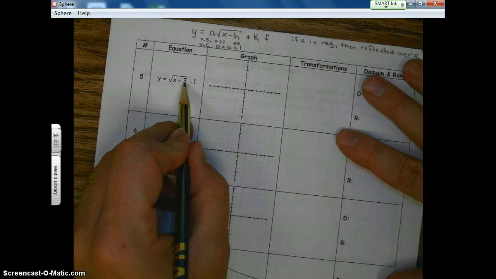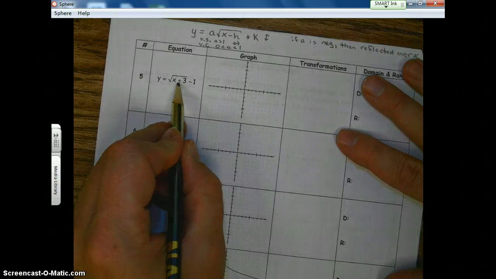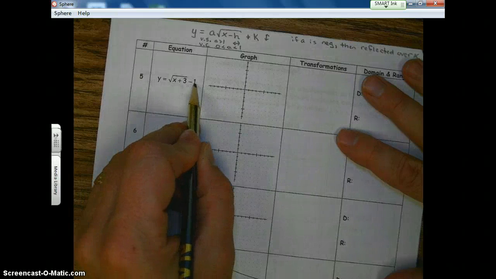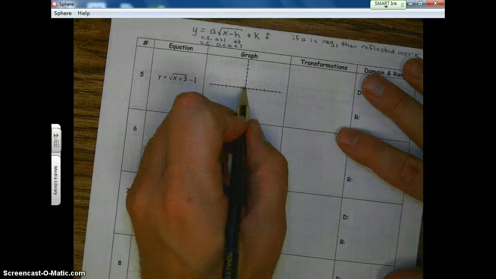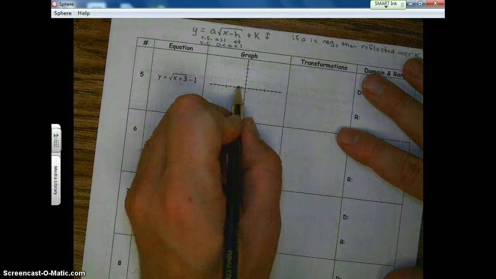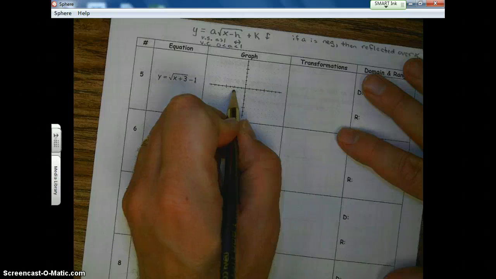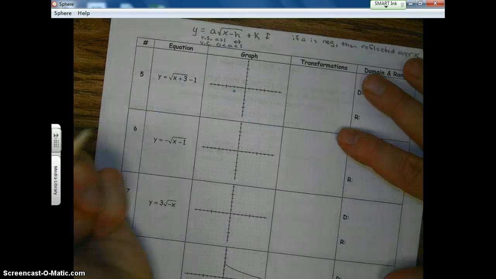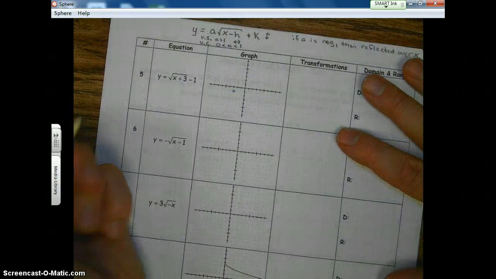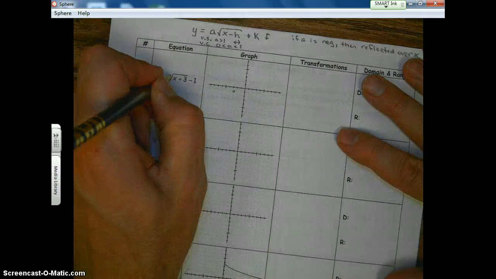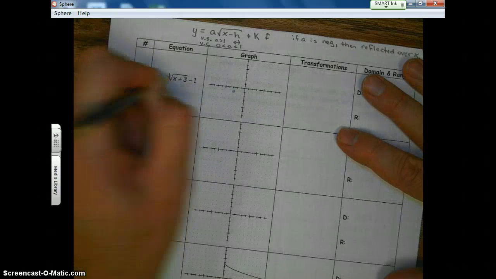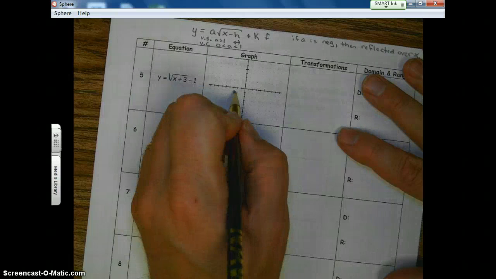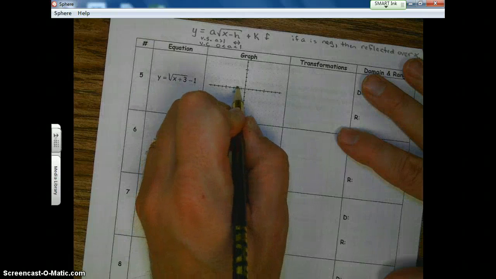That point is at 0, 0. So we're going to move it 3 units to the left and 1 unit down. So this square root function is going to start here. Our a value in this case is 1. So we're going to go over 1, up 1.